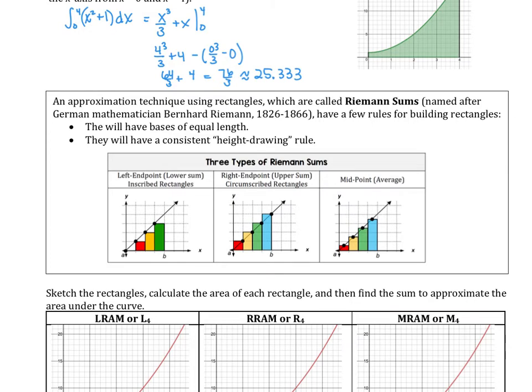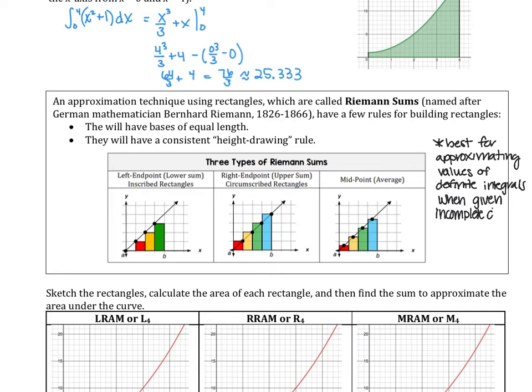Okay. Now, these are best for approximating values of definite integrals when we're given incomplete data, such as tables and graphs.